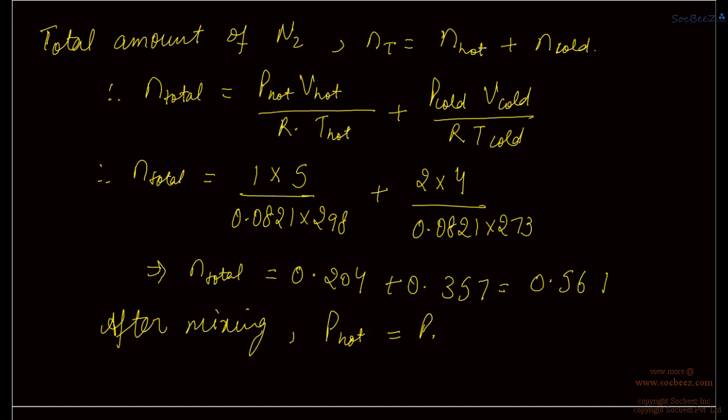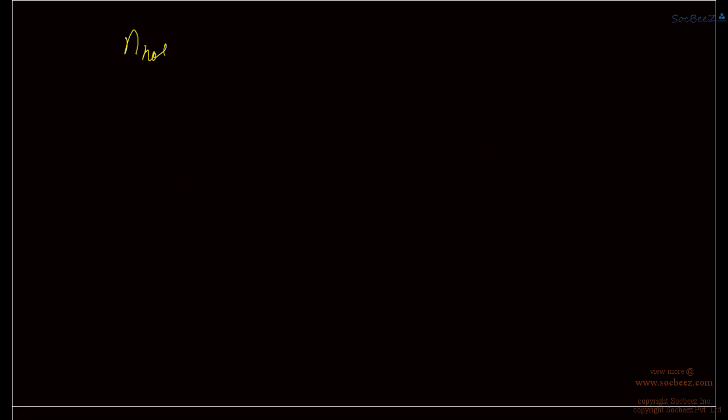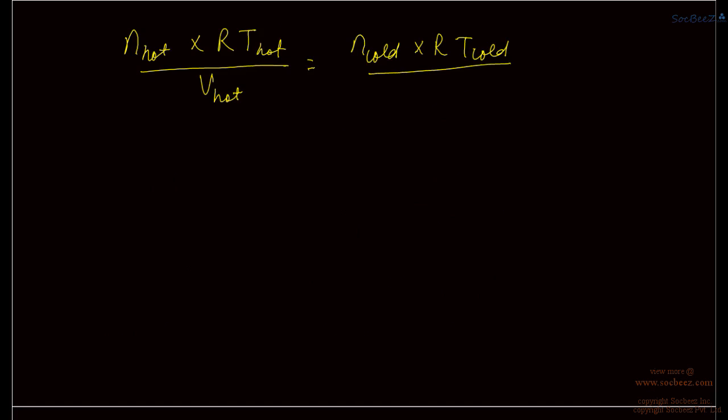Now after mixing, P hot equals P cold, the pressure will be the same in both cases, and therefore N hot into R into T hot upon V hot equals N cold into R into T cold upon V cold. Now since the amount of gases will change, this will not be the initial value, and hence let's denote it by N dash, the final number of moles.